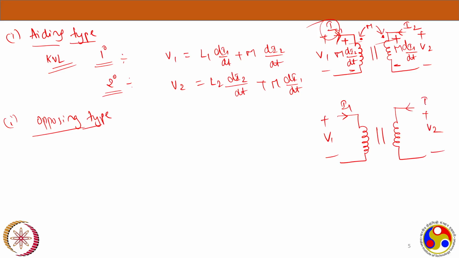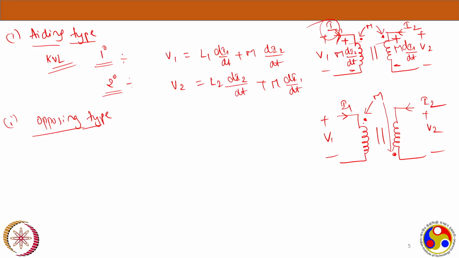I'm not changing the dot of coil 1, but I'm changing the dot of coil 2 here. Now the mutual inductance M exists between these dots, and it is a coupled circuit. Now let's look at the terminals of the induced voltages.